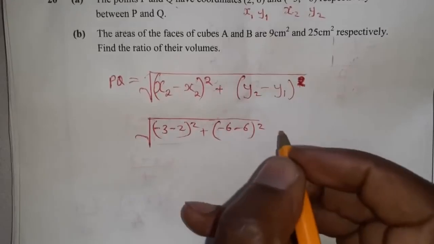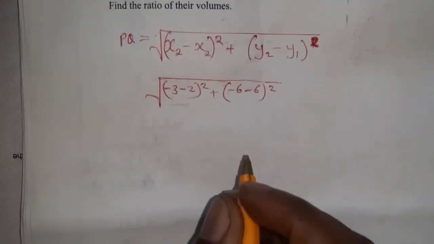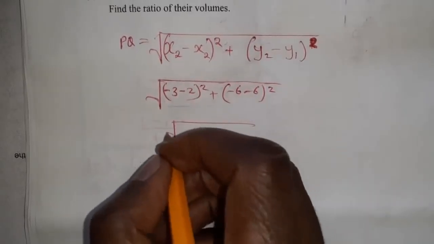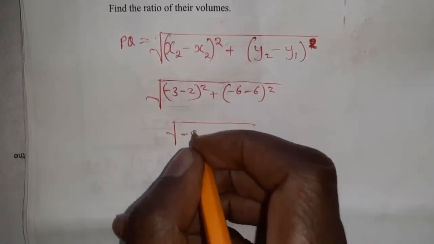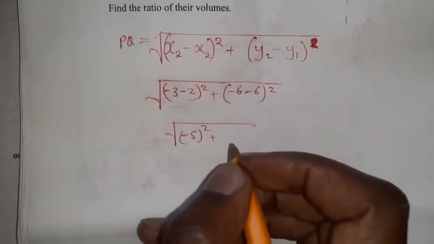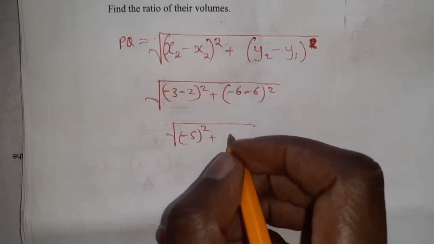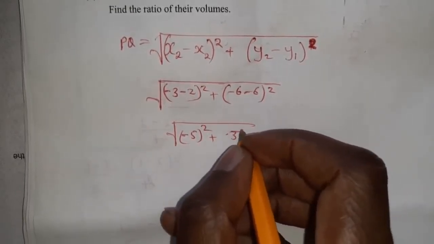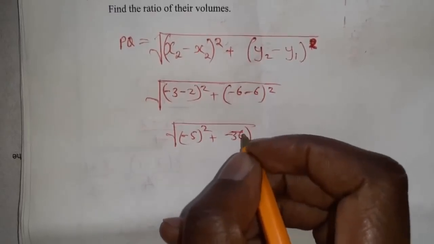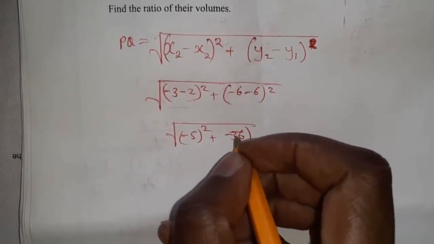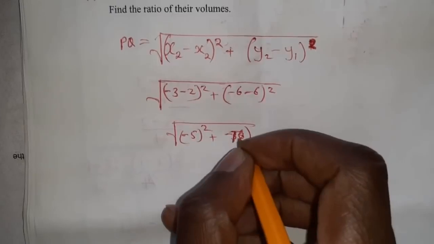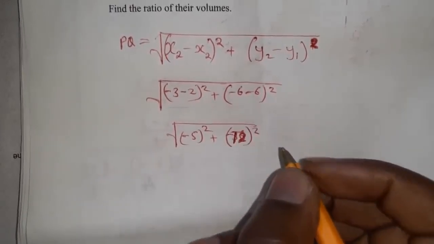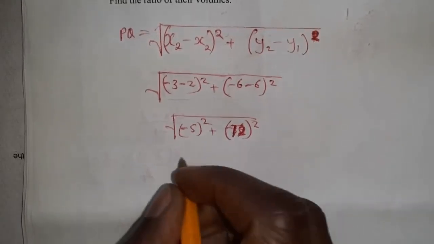Okay, squared. Is it? Yes. So this is going to be negative 5 squared plus negative 12, sorry, negative 12. This is 12. Take note, this is 12 here.